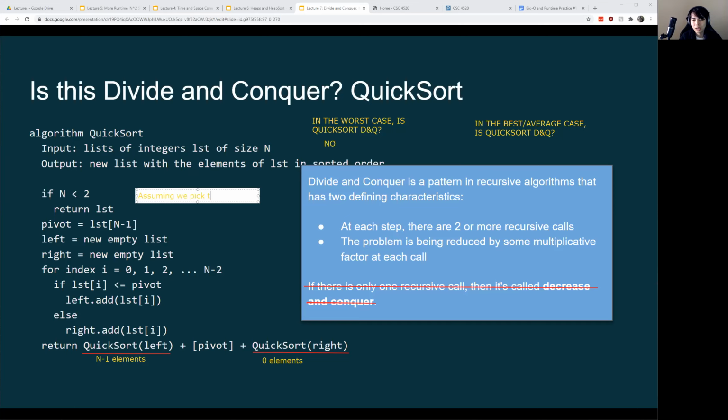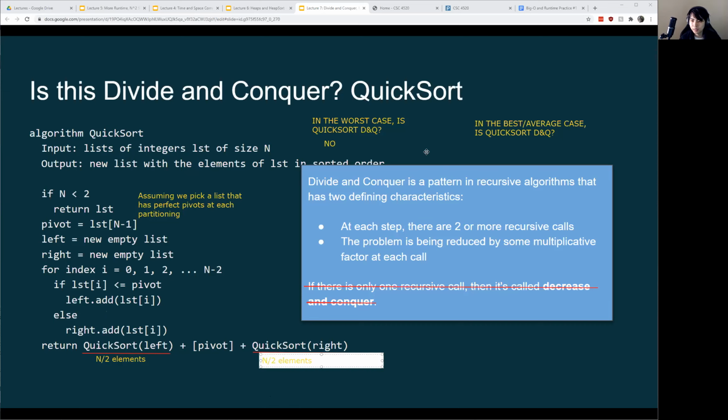Assuming we pick a list that has perfect pivots at each partition, then this will become n/2 elements instead, right? And then this will also be n/2 elements.